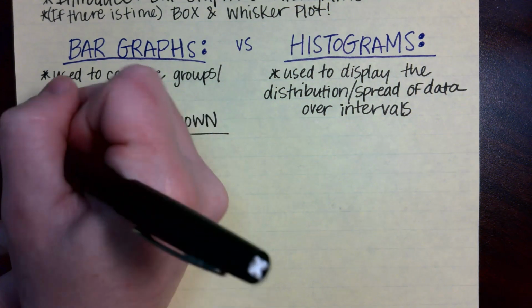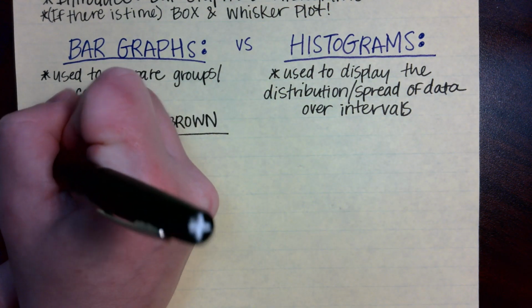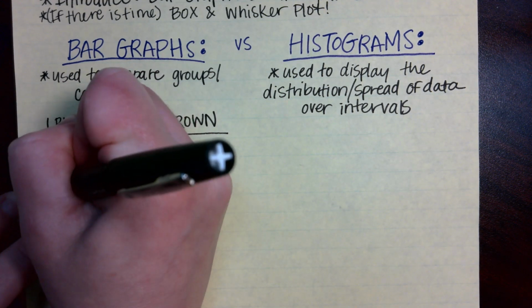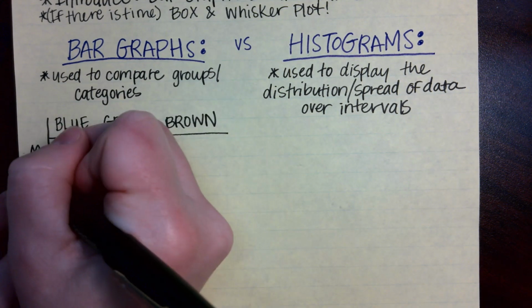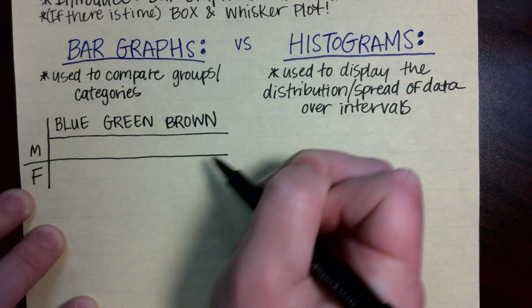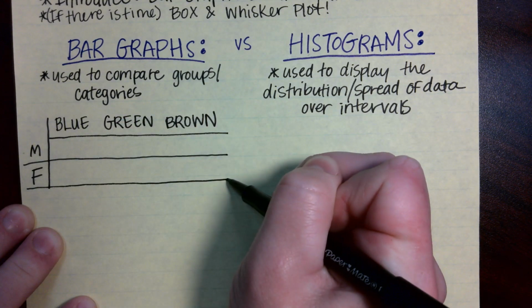And we are comparing the difference between males and females. So I'm going to write M for males, F for females. So I'm going to create a little chart of my data here.